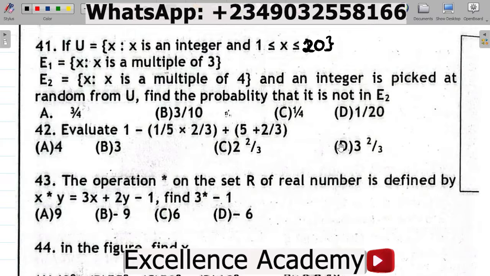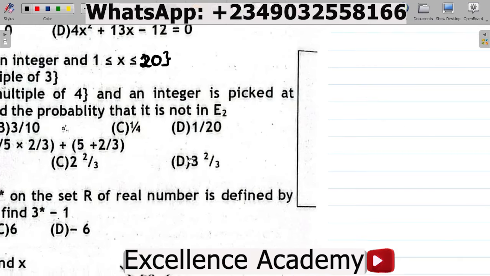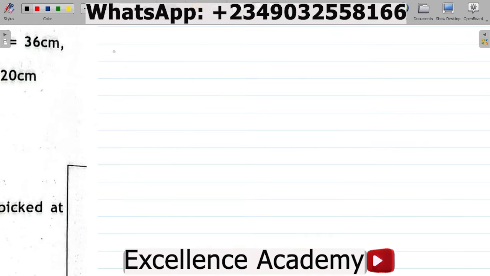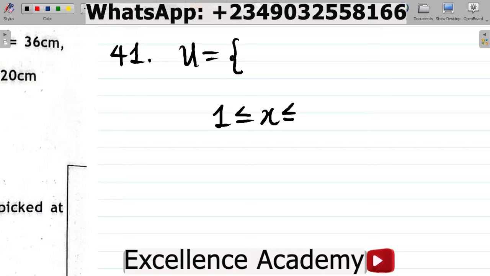Now, how do we solve this question? The first thing we want to do is to get how many elements we have in U. We said U is equal to {x such that x refers to the integers from 1 to 20}. When it says 1 is less than or equal to x, and x less than or equal to 20, it means I'll start from 1 because of the equal to.